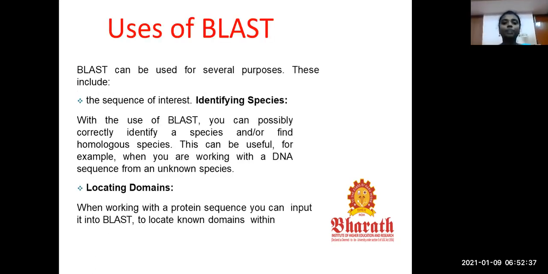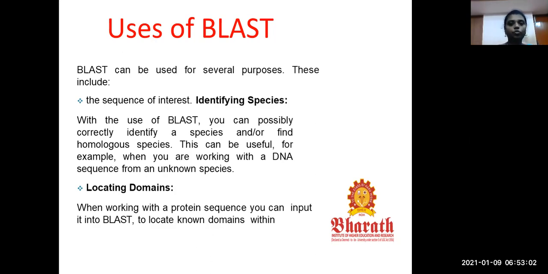Uses of BLAST: it can be used for several purposes. The main use is identifying the species. With BLAST you can identify a species and also find homologous species.